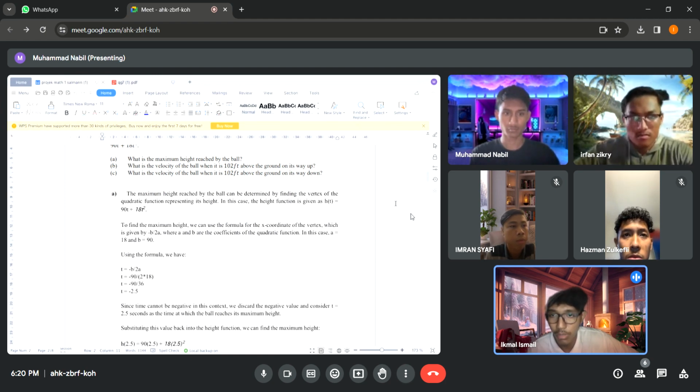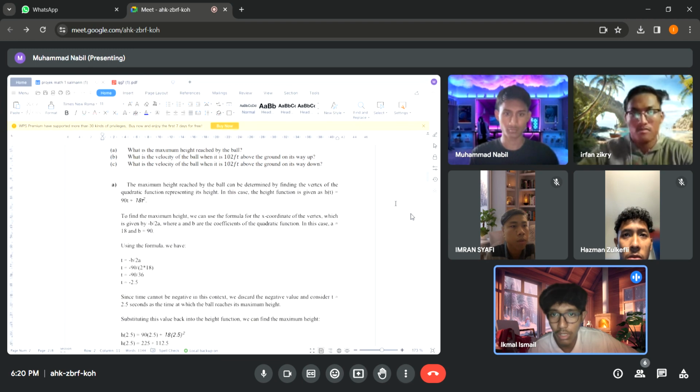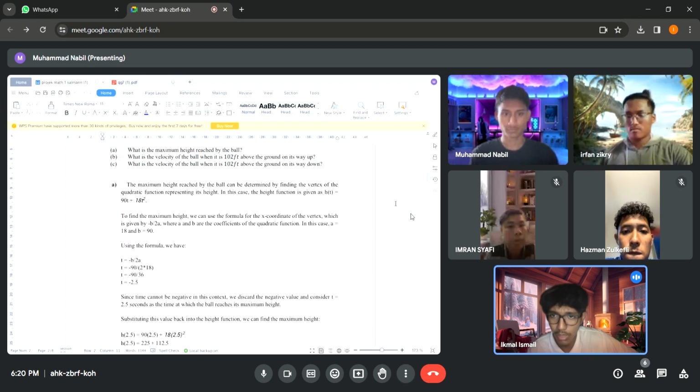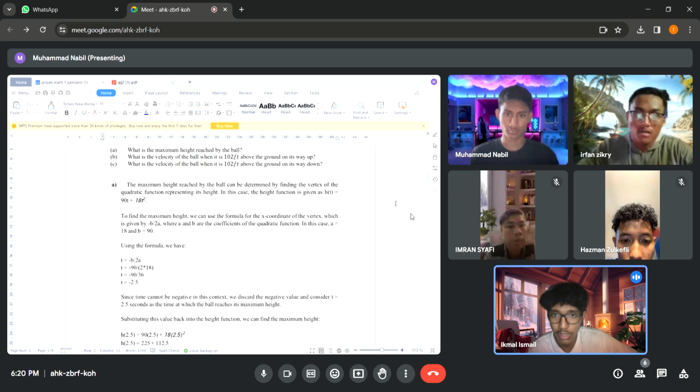To find the maximum height, we can use the formula for the x coordinate of the vertex, which is given by negative b divided by 2a, where a and b are the coefficients of the quadratic function. In this case, a equals 18 and b equals 90.